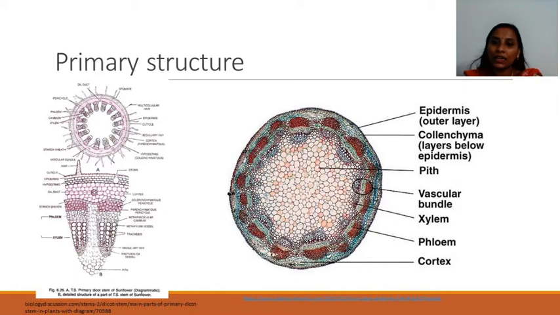Epidermis is a single layered structure which is covered by cuticle. Cuticle is a waxy substance which helps the plant to prevent excess transpiration. And just below the epidermis, we can see the cortical region. The cortex starts from the hypodermis and ends in the endodermal region.